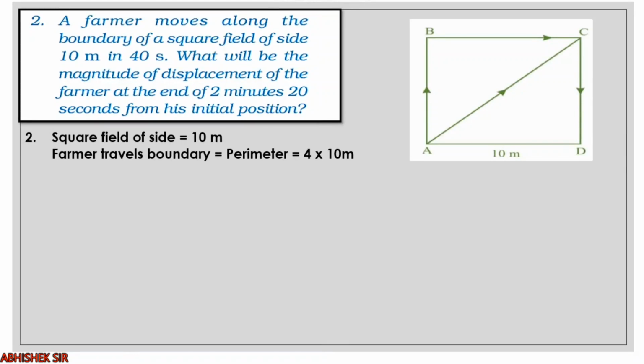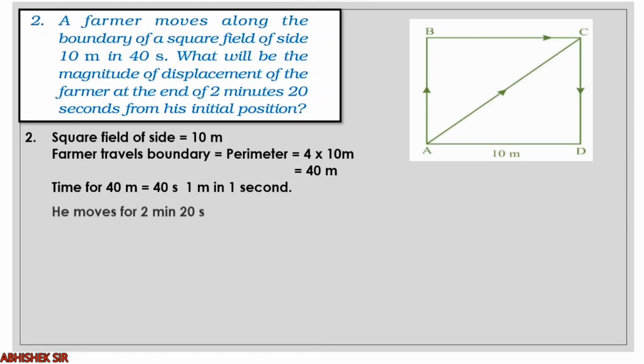Farmer travels only the boundary, that means perimeter, that means 4 into 10 meter. AB 10, BC 10, CD 10 and DA 10, that means 4 into 10, 40 meter he travels. Can we say that he travels 40 meter in 40 seconds, that means 1 meter in 1 second? This is just for a hint.